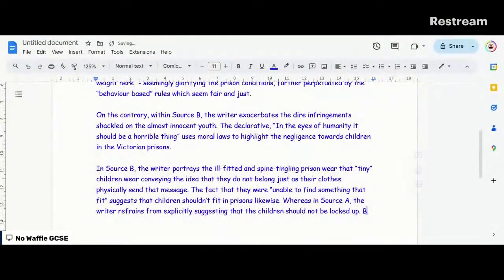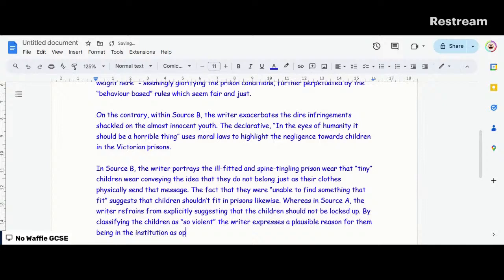So we can say, by classifying the children as so violent, the writer expresses a plausible reason for them being in the institution, as opposed to Oscar Wilde challenging of this societal issue.